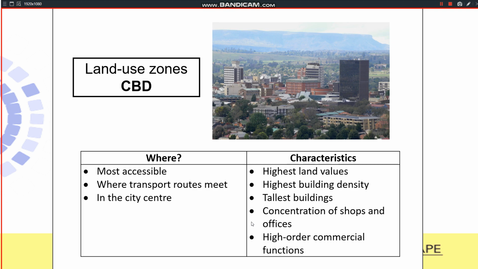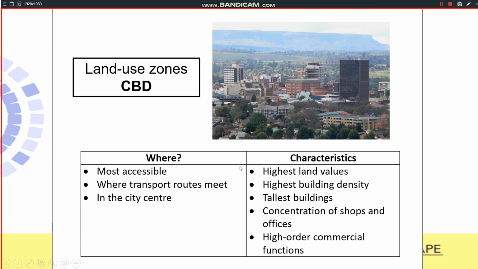Let's start off with our first land use zone, the CBD, or what we call the Central Business District. Let's look at the following. Where is it found? It's usually the central part of the city.